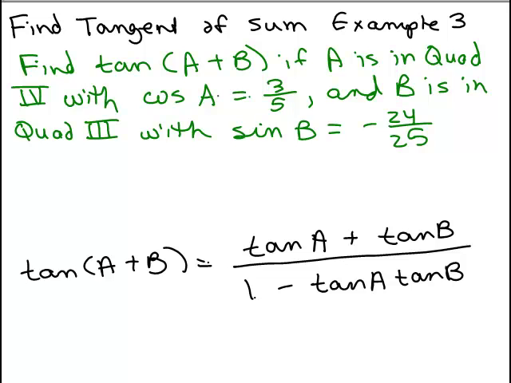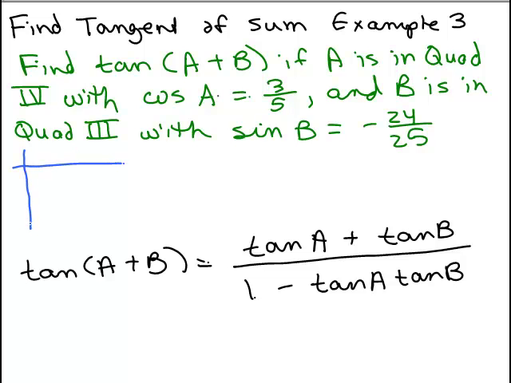So we aren't given the tangent of a or the tangent of b, but we are given some information about their angles. So for angle A, there are different ways to find the tangent of that. I like to just draw the picture. That's easier for me. So I'm going to draw a picture of angle A. It's in quadrant 4, so I know it's over here in this 4th quadrant.